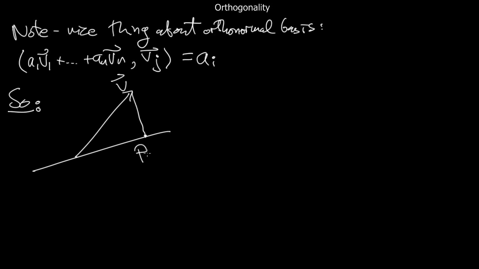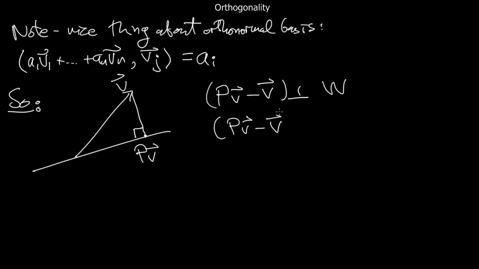So here's the picture. We have this vector v, and we're looking for PV, which makes this orthogonal. So by definition, that means that this vector PV minus v is supposed to be orthogonal to W. So this vector PV minus v had better have inner product 0 with all of these vj's, which are the basis of W. And now we just need to write out this condition. I've written PV as a1 v1 up to am vm.